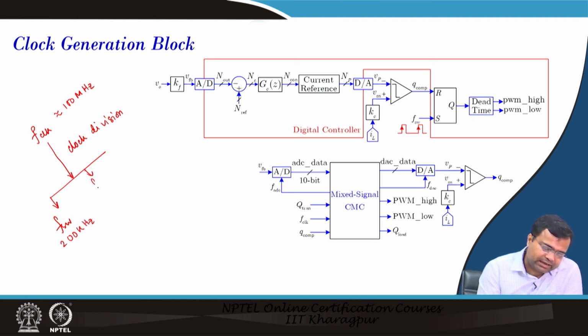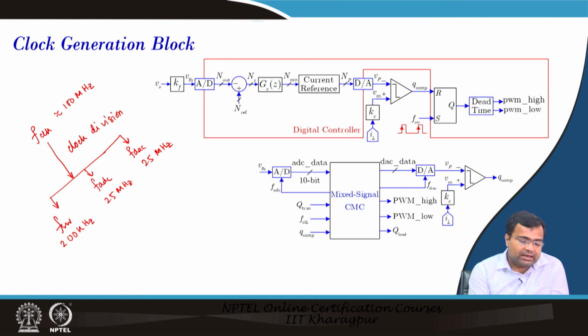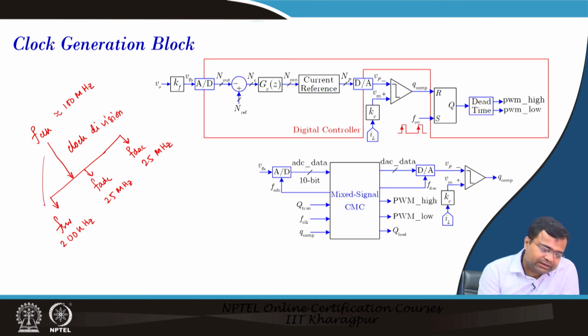Then we are using FADC, which we are taking here as 25 megahertz, and there is one more, FDAC, which is also 25 megahertz. What division ratio do we need? This will be 1:500 division, and 1:4 for both the other cases.